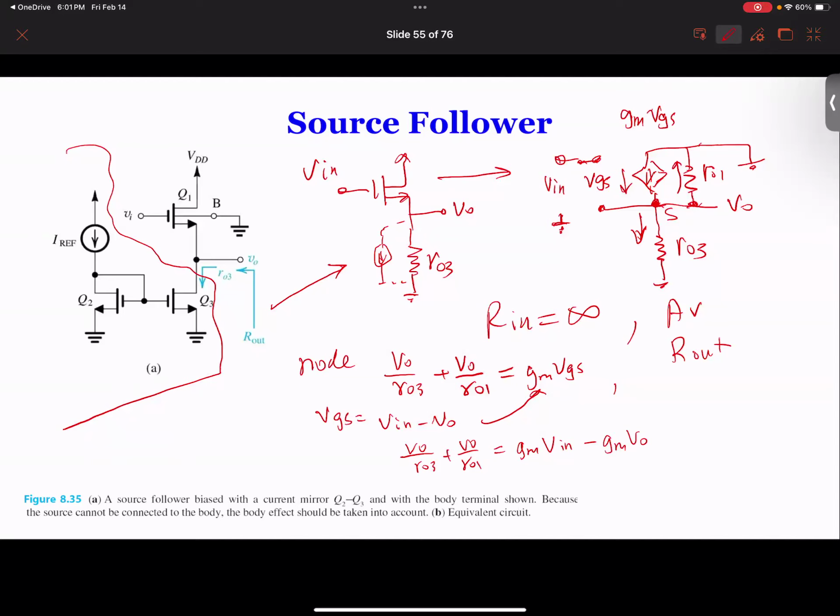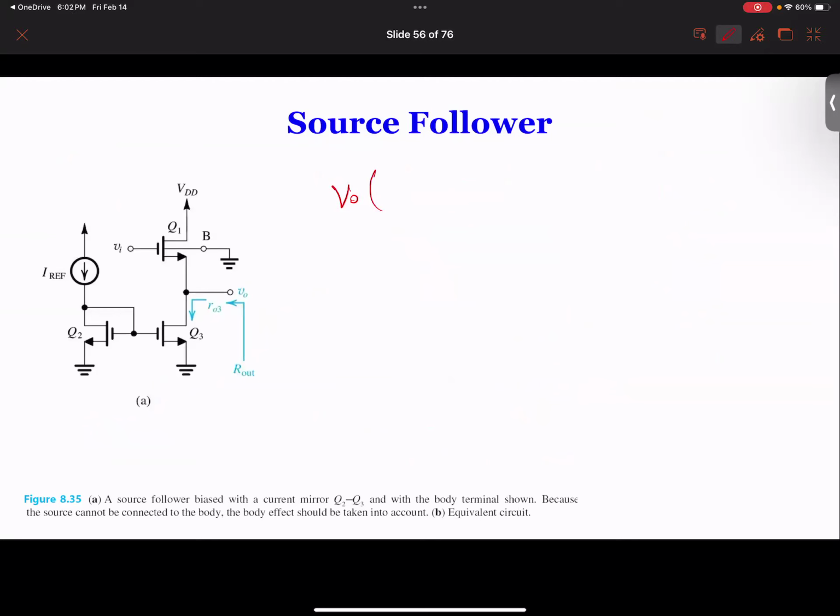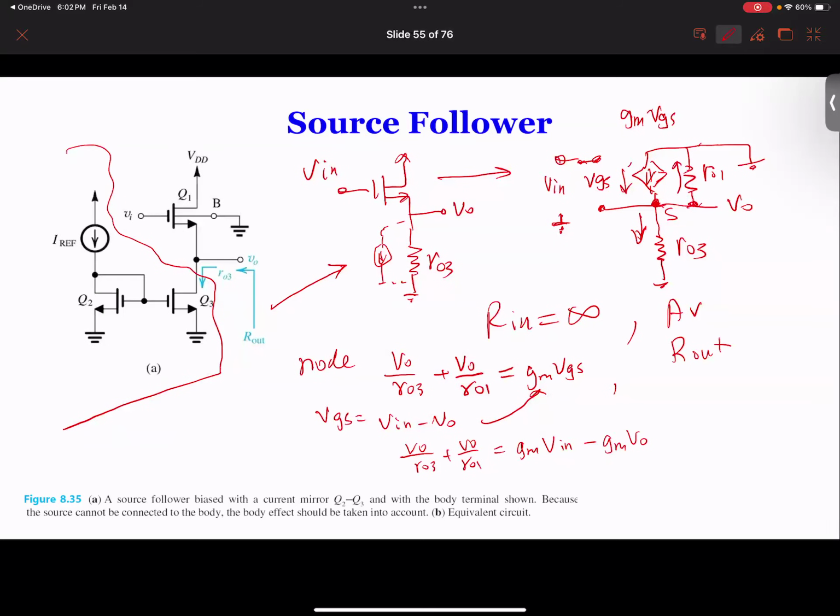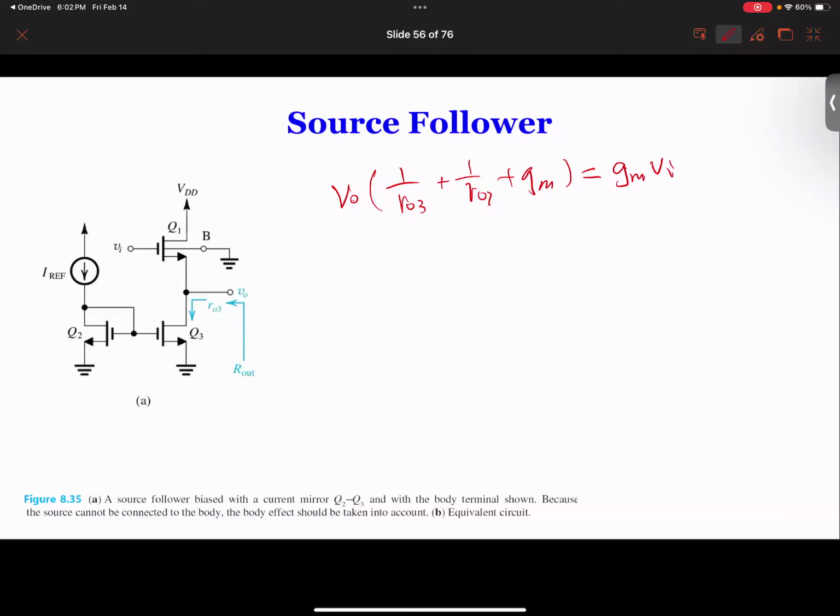So we have VO times (1 over RO3 plus 1 over RO1 plus GM) equal to GM times V in. So our A is going to be VO over V in, so it's going to be GM over GM plus 1 over RO3 plus 1 over RO1.